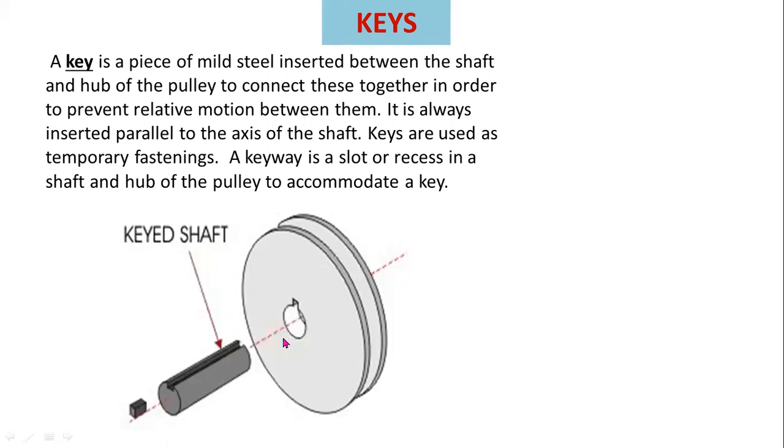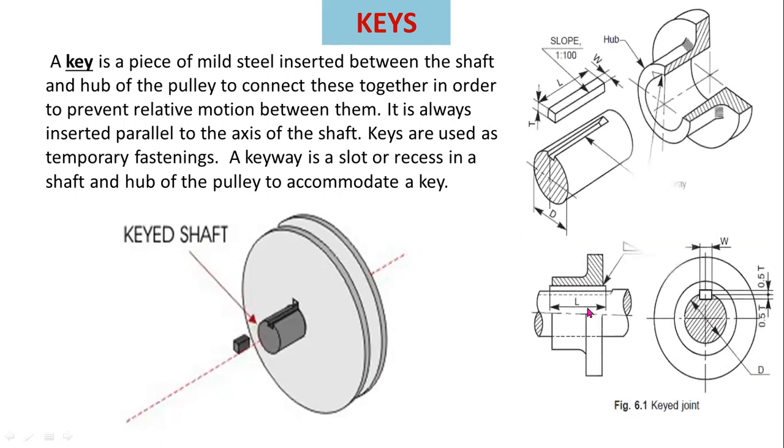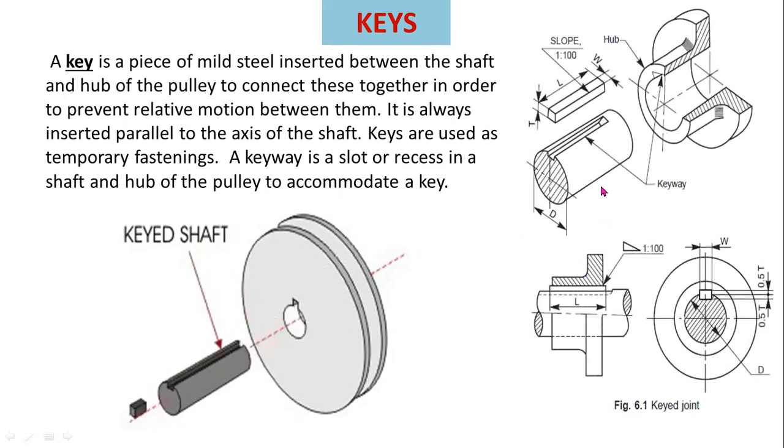Here you can observe the animation of shaft, key, and hub. So this is the cross-sectional view. In this cross-sectional view, you can observe this one is a rectangular key. Here, this one is a shaft.